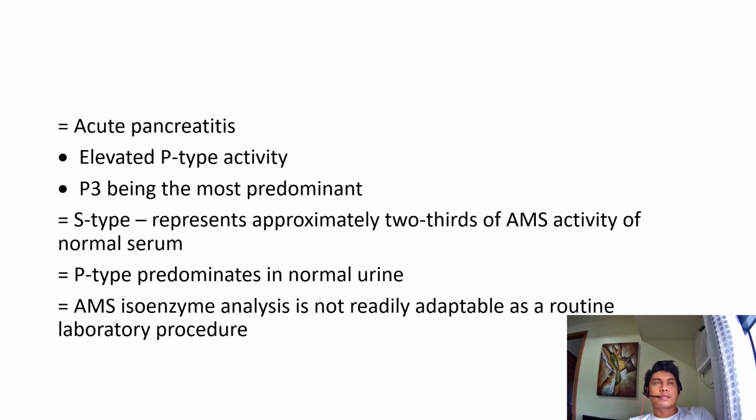It requires a lot of time, because you need to separate the different isoenzymes of amylase. So it's not a routine test in the clinical laboratory.